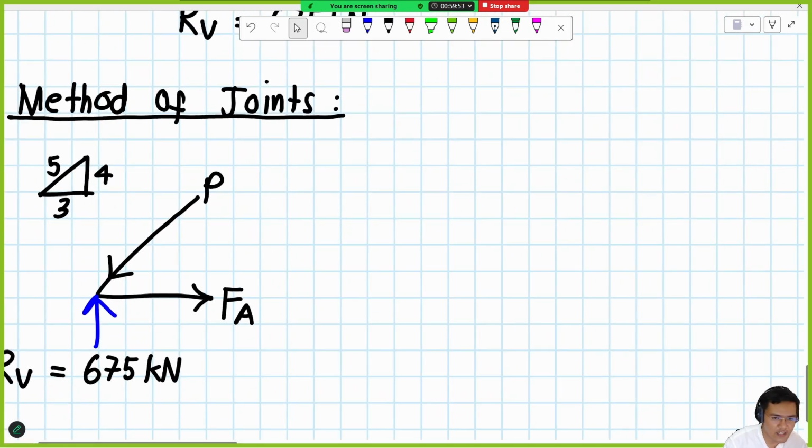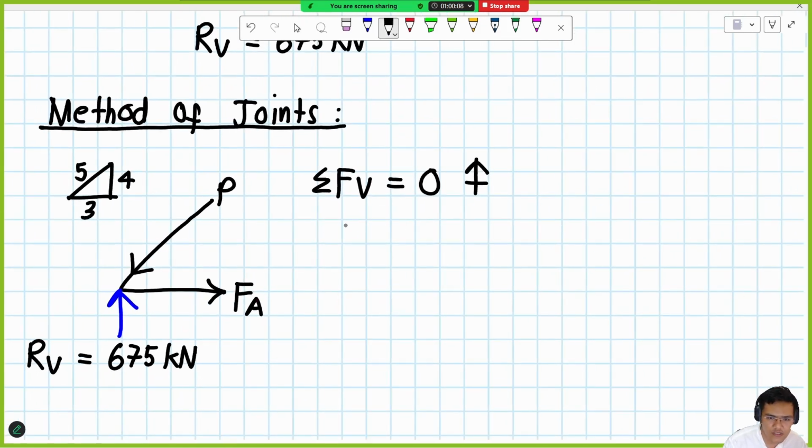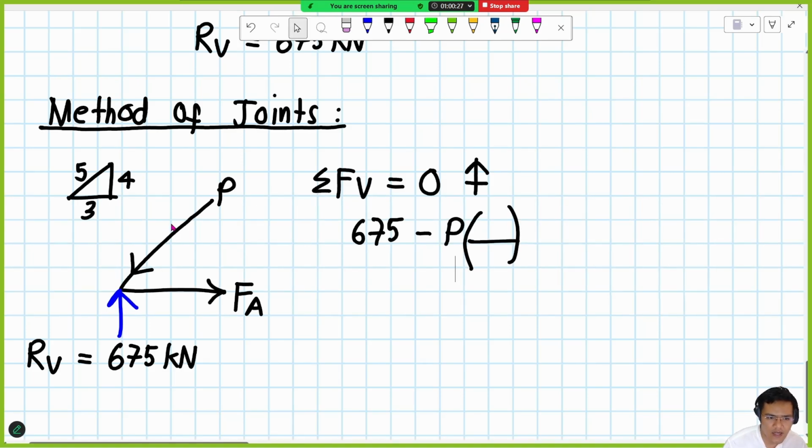So sige, let's use the first equation, method of joints. Summation of forces vertical will be equal to 0, okay, and let's say upward positive. So going on our free body diagram, we could say 675, upward, minus P, the internal force with its multiplier. What we need for that P is its vertical component.